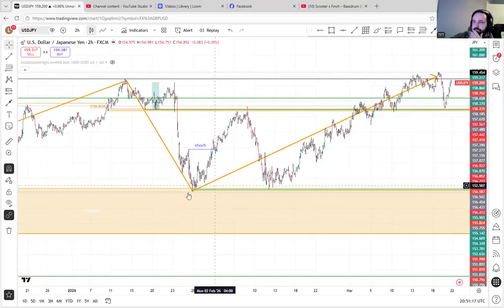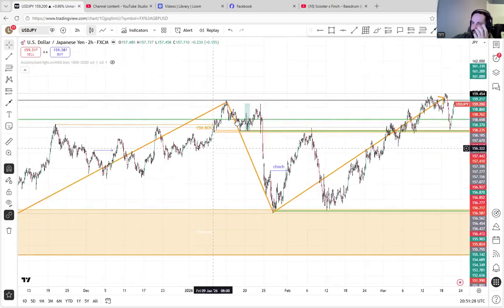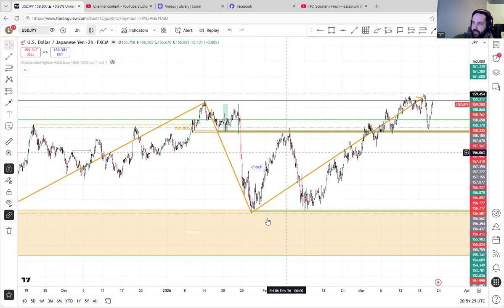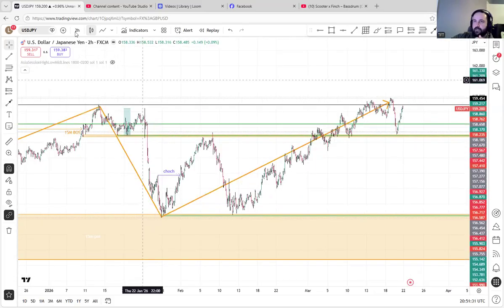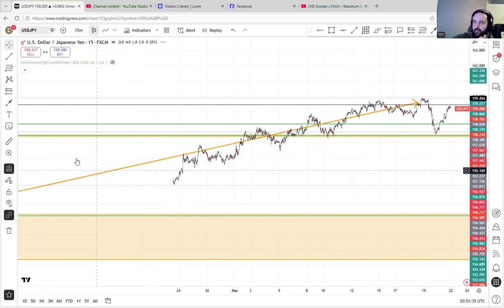But anyway, obviously, as we covered last week, we'd say the 1 minute makes up the 15-minute structure. So on the way down to the POI, I'll drop a time frame so you can see the structure a bit better.